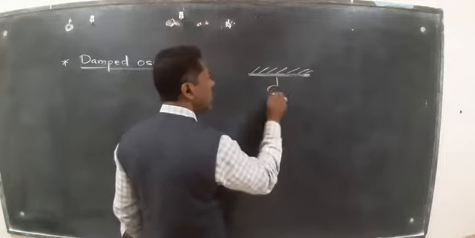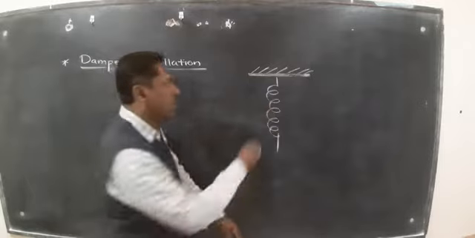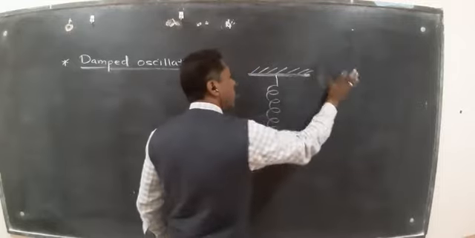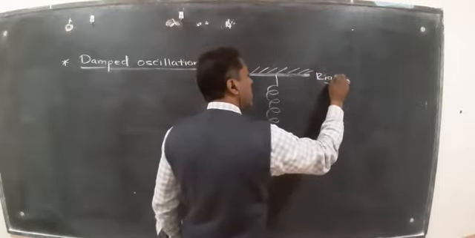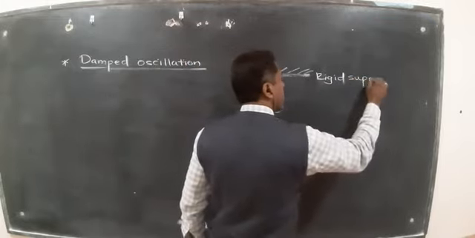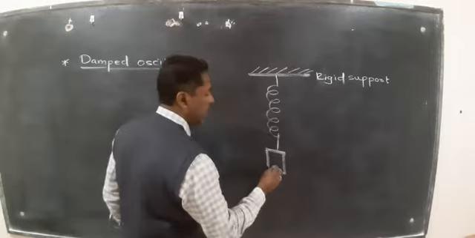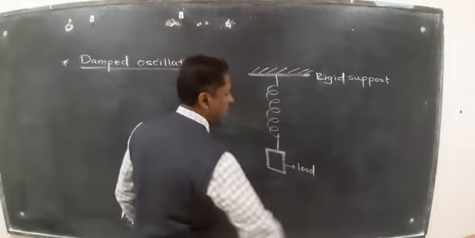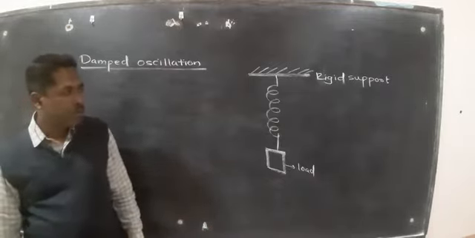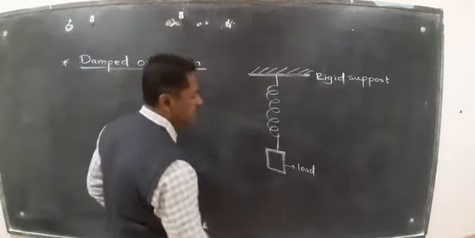a spring whose one end is attached to a rigid support, whereas a certain load is attached to the other end of the spring.